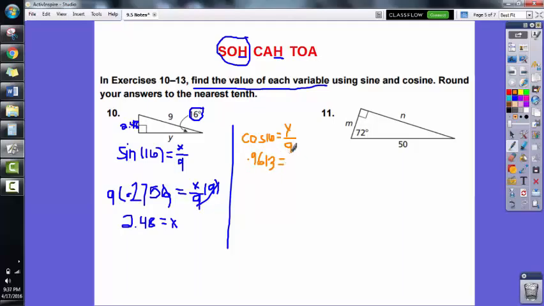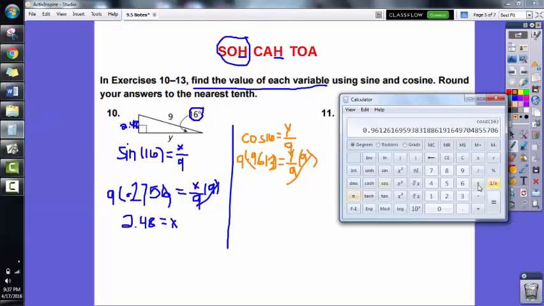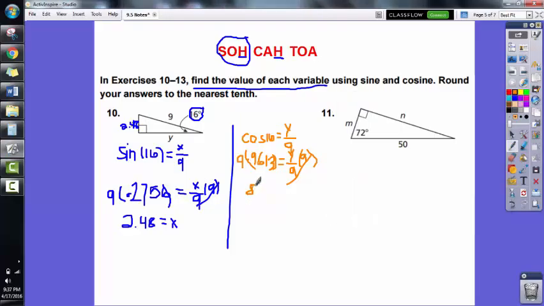That equals y over 9. Multiply by 9 on both sides. You've got 8.65 equals y. So this side is 8.65. And then just to check, you want to make sure that your two legs are both shorter than your hypotenuse, because if they aren't, you probably did something wrong.